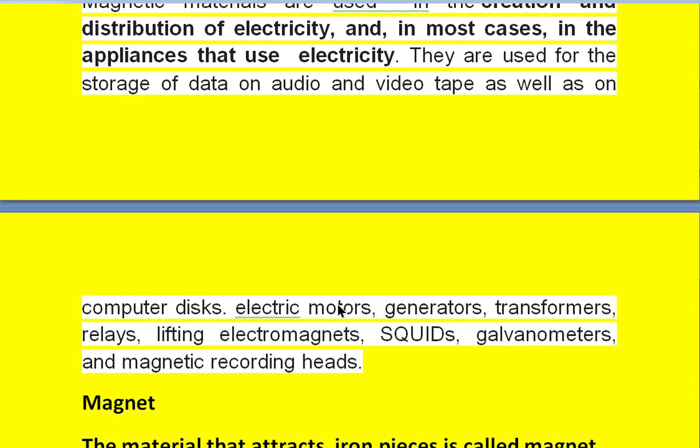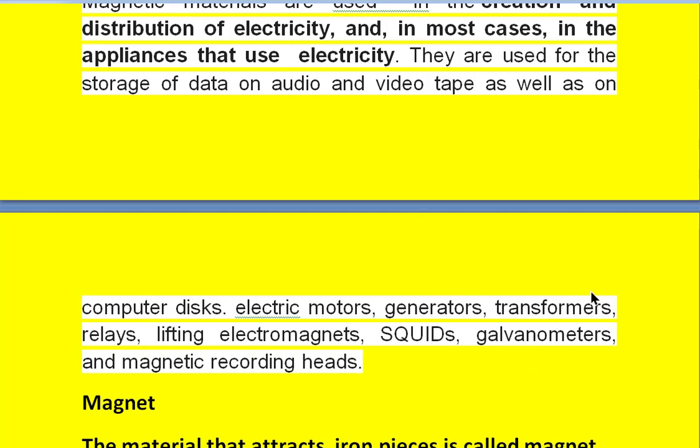Whereas in case of a motor, a current carrying conductor is placed in the magnetic field and the conductor experiences a mechanical force. That means in these two devices the common factor is magnetic flux, which means magnetic material is necessary. If that is absent, there is no motor, there is no generator.